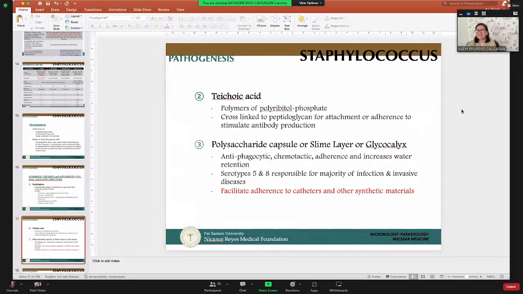This is the component responsible for adhering to catheters and other synthetic materials found on Staphylococcus epidermidis and saprophyticus. This is important in adherence, in causing the disease.